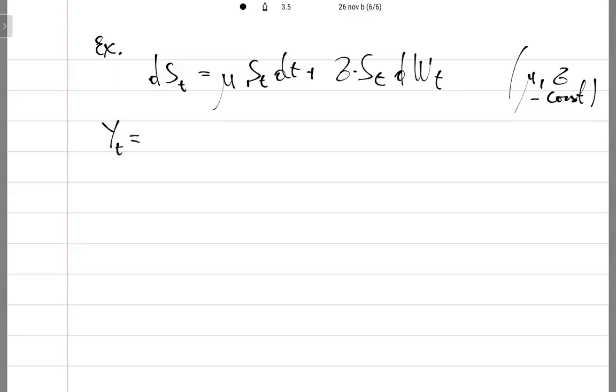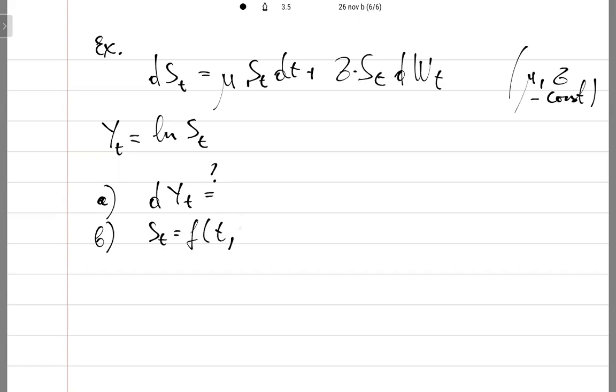Consider Yt, that is the logarithm of St. My first question: apply Ito's lemma to find dYt. And my second question: write St as a function of t and Wt.